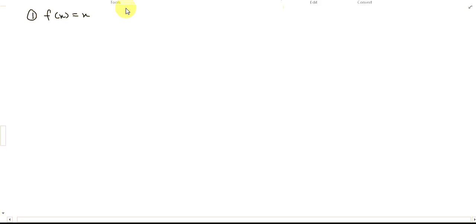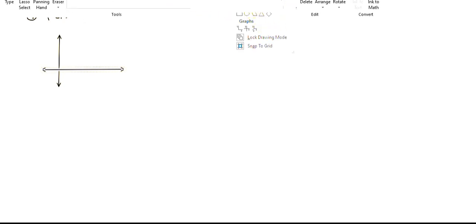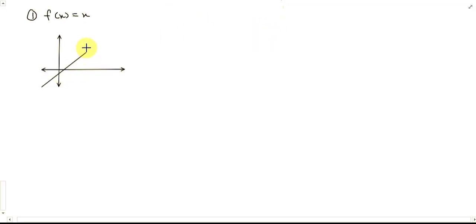The graph of this function will be like this, which is equally inclined to both the axes, x-axis and y-axis, and passing through the origin. We find that this function is strictly increasing.